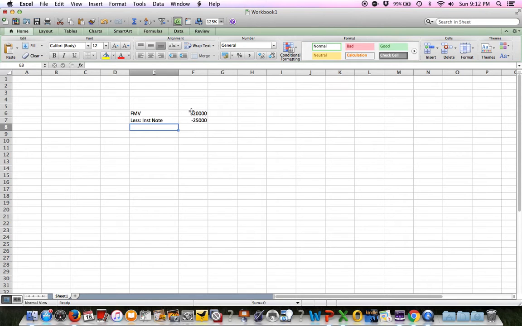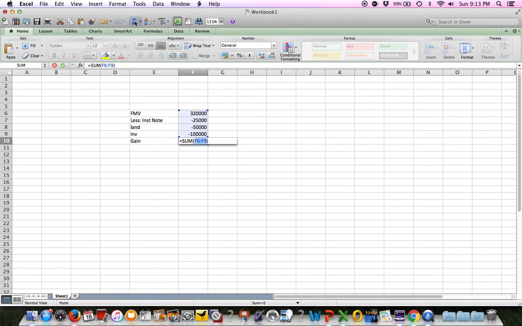Then the land. So we're still saying less on the land. And then inventory, and that's 100,000. I'm abbreviating a lot here. So my gain is just the sum of all these things. Okay, so add those up.